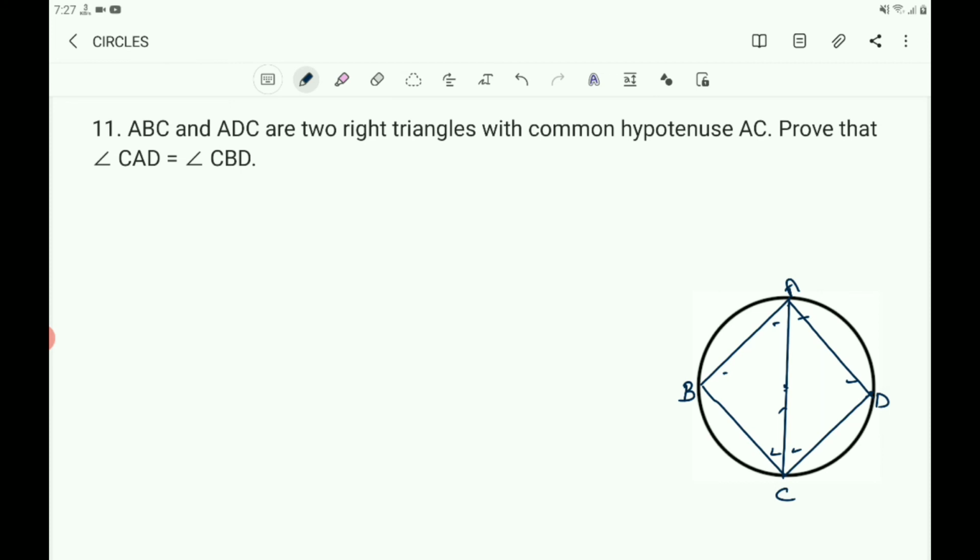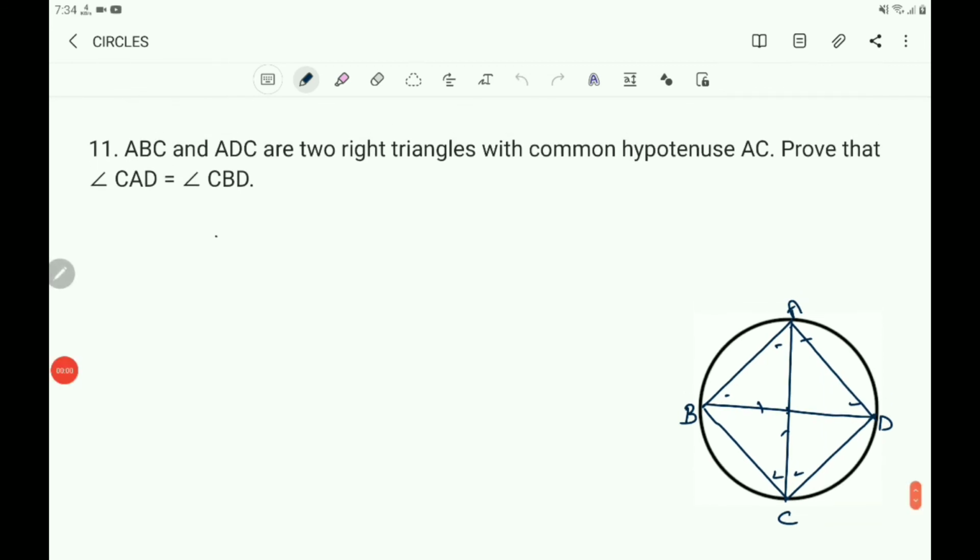Prove that angle CAD equals angle CBD. Now you consider the two right angle triangles ABC and ADC. Here AC is the common hypotenuse. Now let us draw the circle with AC as a diameter, and let us join BD. So you write the solution.